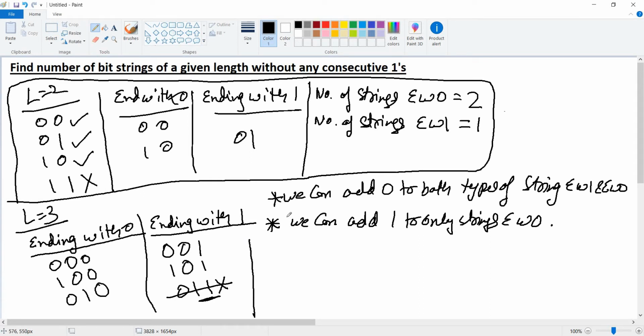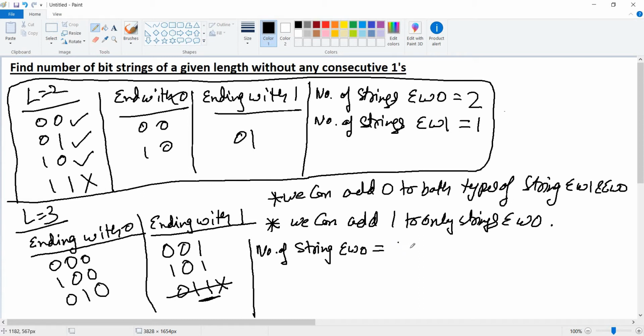Now for length equals to 3, if I ask you the number of strings ending with 0, that should be equal to the number of strings ending with 0 for L equals to 2 plus the number of strings ending with 1 for L equals to 2, because we can add 0 to both such strings. Simple.